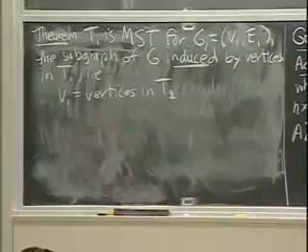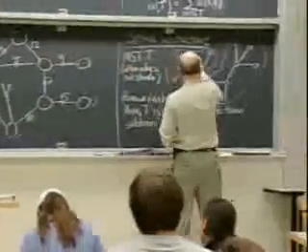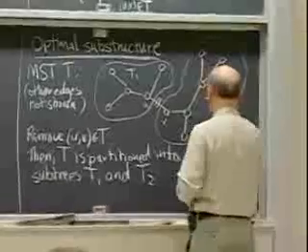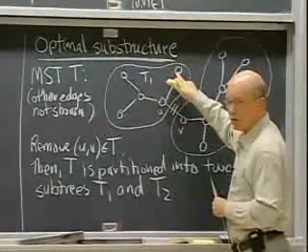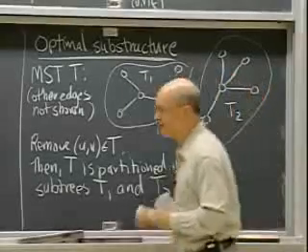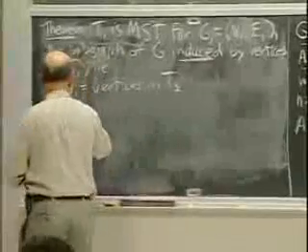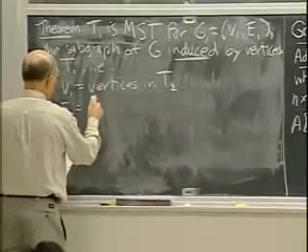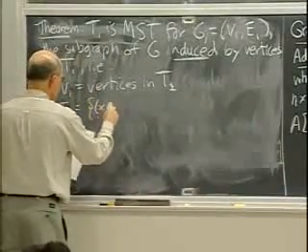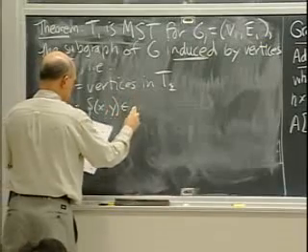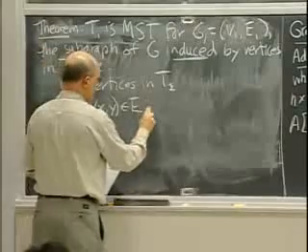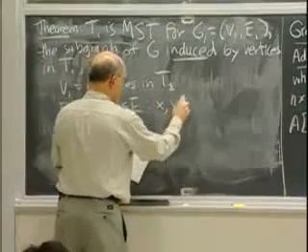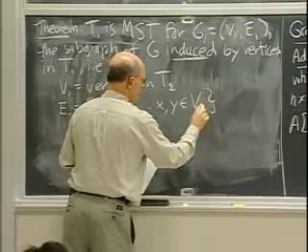So in this picture, I didn't label it. This is T1. This is T2. In this picture, these are the vertices of T1, so that's V1. And E1 is the set of pairs of vertices x and y that are the edges in E, such that both x and y belong to V1.